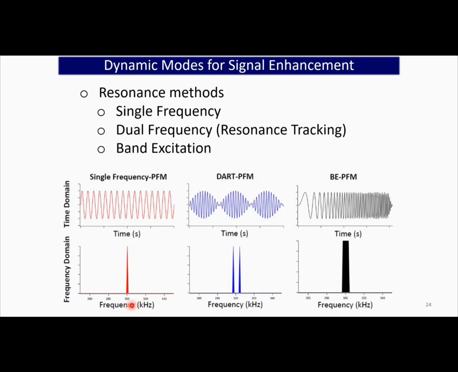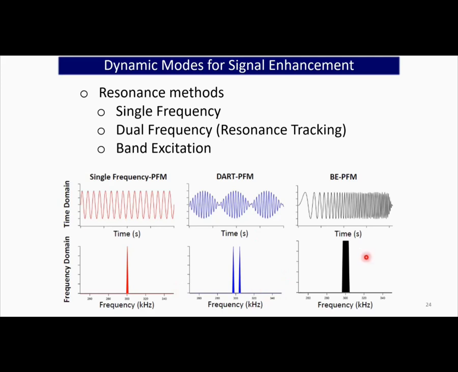You'd have regions that have high amplitude and low amplitude that are more related to the topographic crosstalk or the phase shift or differences in mechanical properties than they are to differences in electromechanical properties. Two other approaches are some kind of resonance tracking approach, as I'll explain in the next slide. But basically, you're trying to stay on that contact resonance, and if the contact resonance shifts a little bit, you're still staying on top of it.